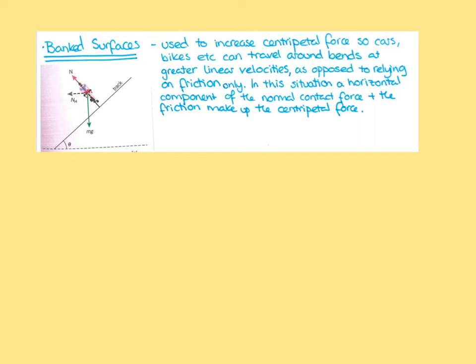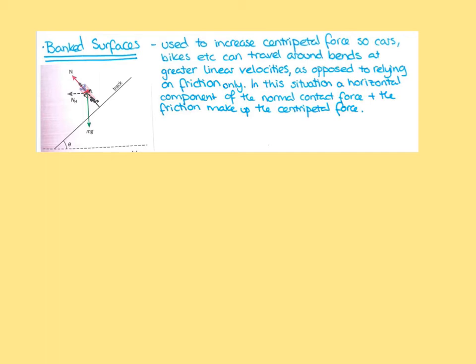Now this links us into one of the most common examples of questions and problems that you'll see on centripetal acceleration within the A-level course. And that's looking at things travelling around corners at speed, as we just saw, but with the use of banked surfaces. A banked surface is where a corner has been raised up from horizontal up towards the vertical to help things corner at speed.